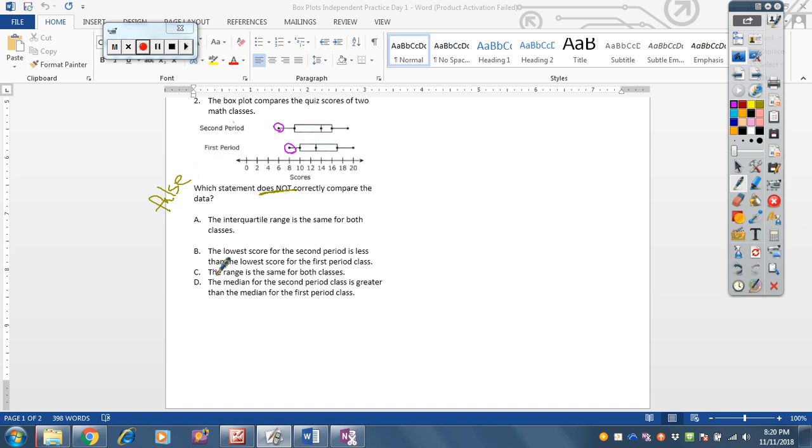The range is the same for both classes. That's not the same as interquartile. The regular range is the greatest minus the least. So for second period, the range looks like maybe 19 minus 6. And for first period, it looks like 20 minus 8.